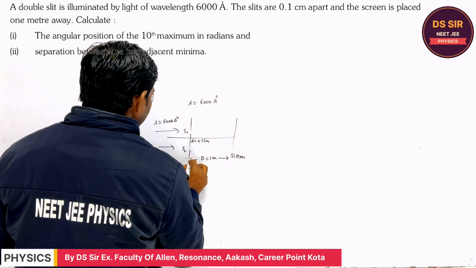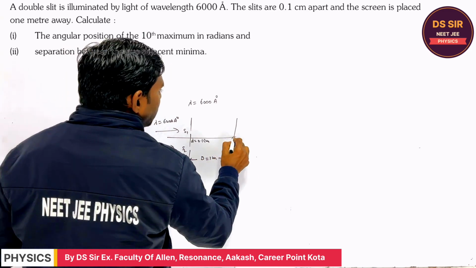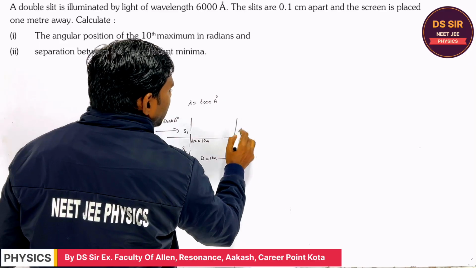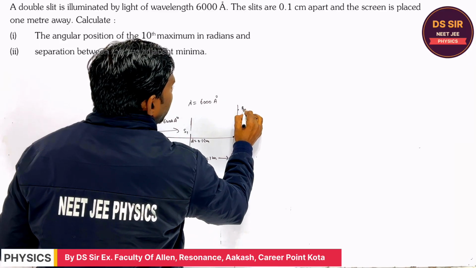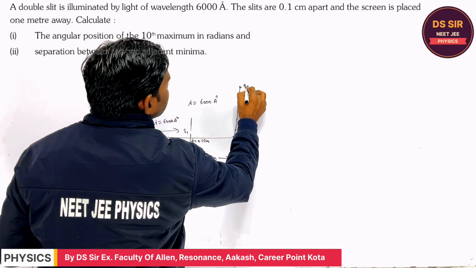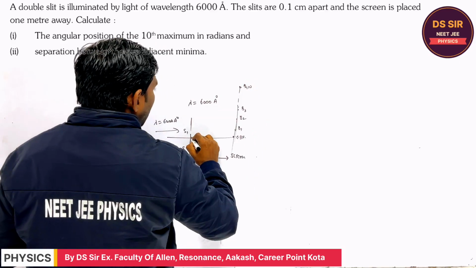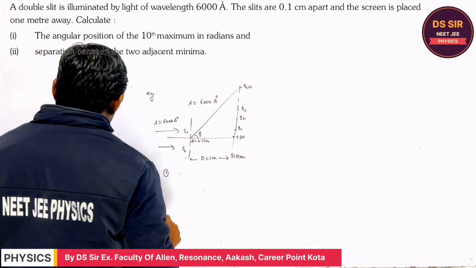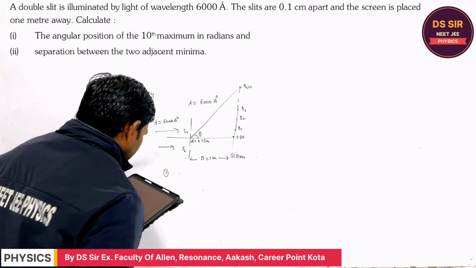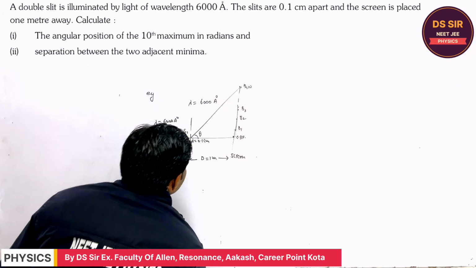Is it fine or not? So here CBF, then B1, B2, B3, and so on up to B10. They are asking the angular position of the 10th maxima in radian.